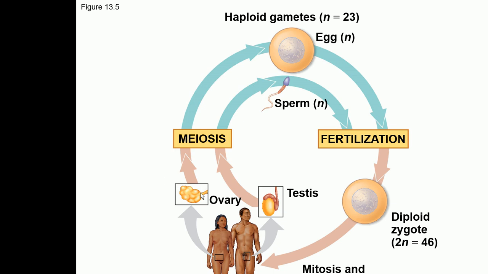Males are going to produce sperms in the testes, and females are going to produce eggs in the ovaries. So they are produced by meiosis, and then again they get fertilized. So this is the life cycle. Life goes on with the help of two kinds of cell divisions called mitosis and meiosis.